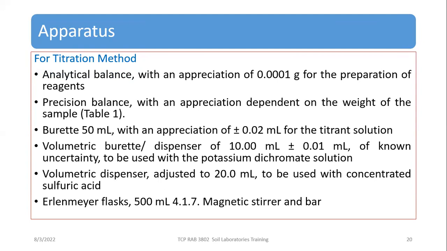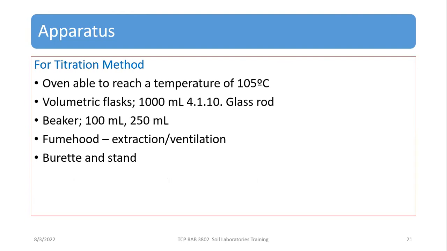The apparatus: there are two sets, for the titration method and for the colorimetric method. For the titration method, you need an analytical precision balance with a good precision of 0.0001 gram, a volumetric burette and dispenser, a volumetric dispenser, an Erlenmeyer flask, and the specification is clear in the document. You also need an oven able to reach a temperature of 105 degrees Celsius, a volumetric flask, glass rod, beakers, and a fume hood.